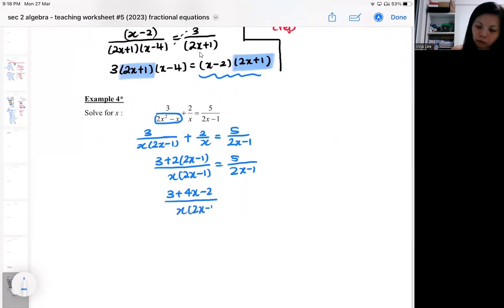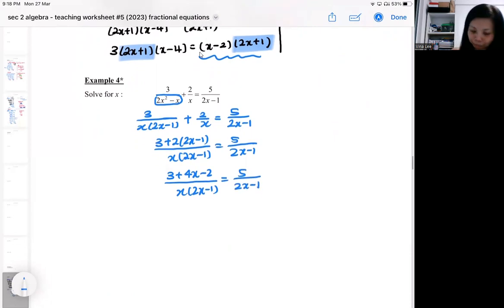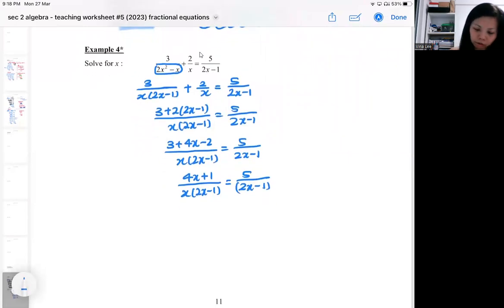Again, this one I don't want to expand out first because I realize that the denominator is similar. So I'll get a 4x plus 1, x, 2x minus 1, 5 over 2x minus 1. So I'm going to cross multiply.